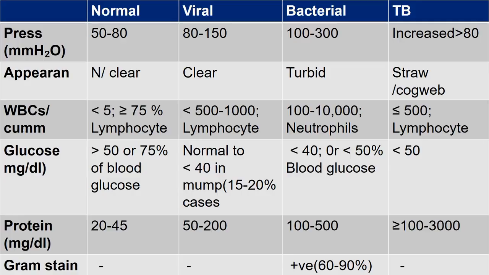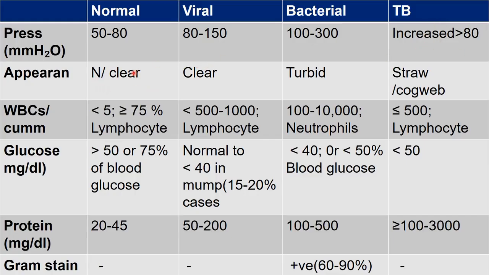Now let's see the different findings of the CSF: normal, viral, bacterial and tuberculosis. These three are important, and the normal finding is always important. So normal pressure is 50 to 80 millimeter of water. In viral it is increased to 80 to 150, bacterial 100 to 300, and tuberculosis also increased.